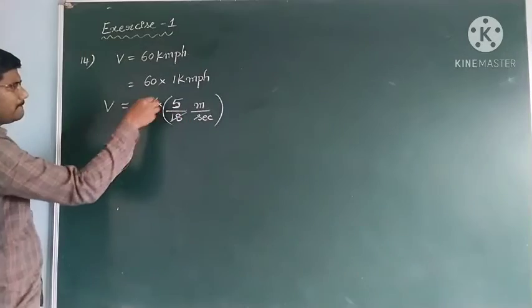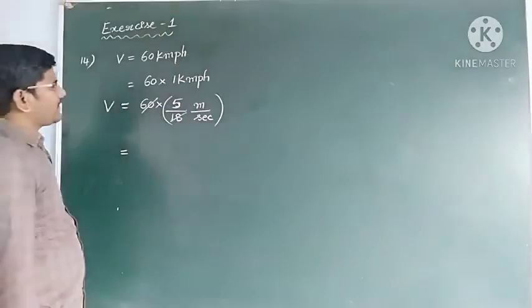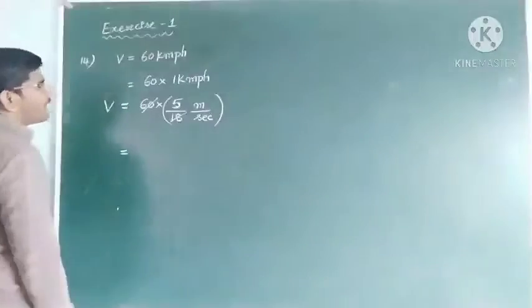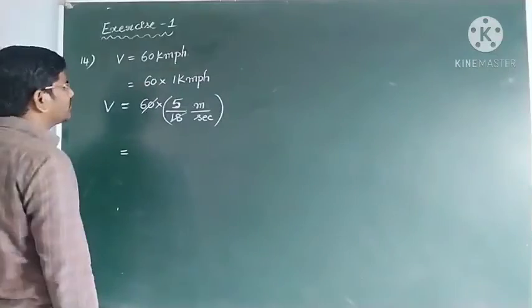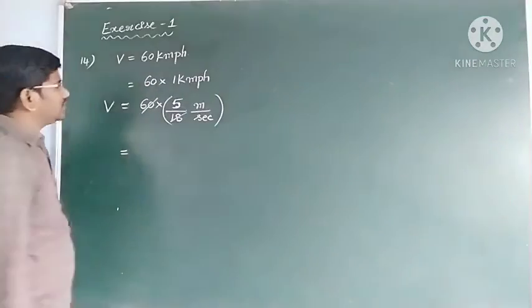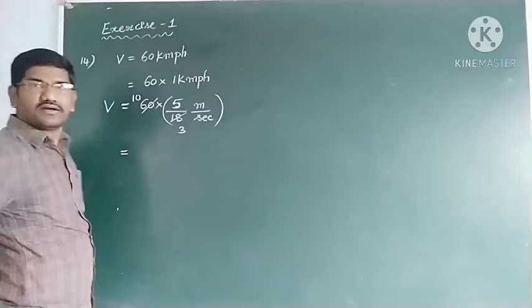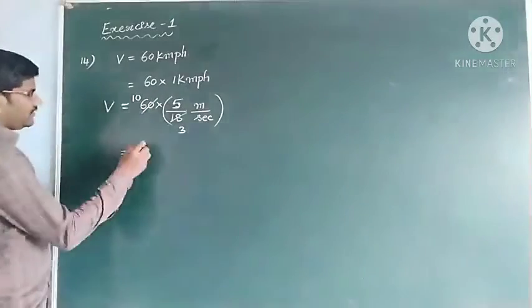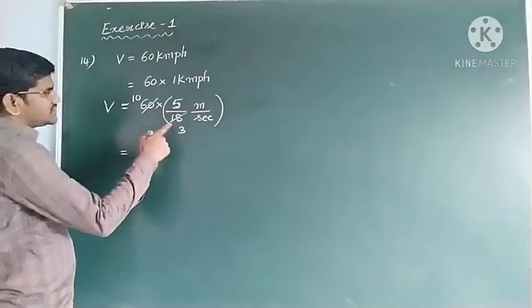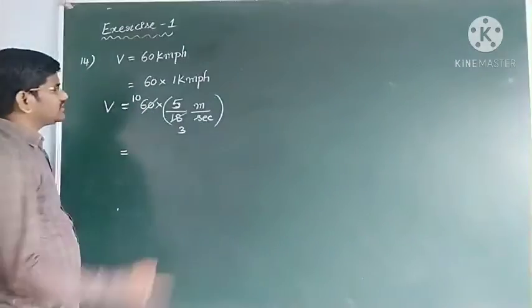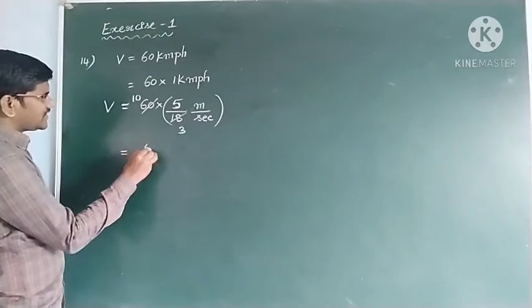So 6 3s are 18, and 6 10s are 10 into 5, 50.